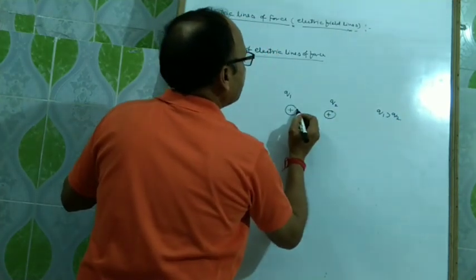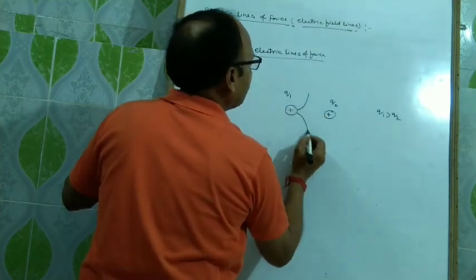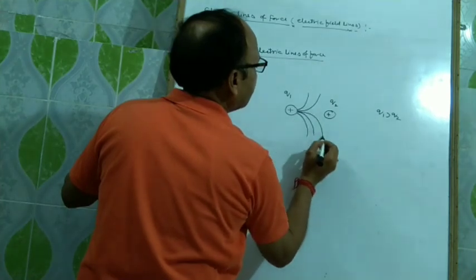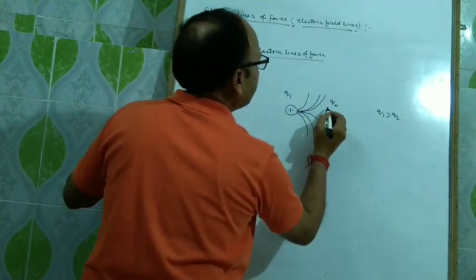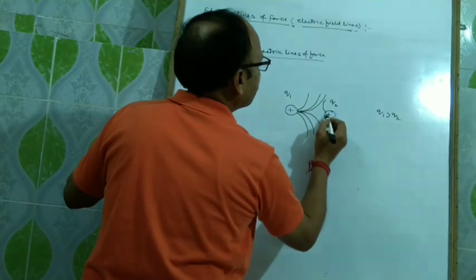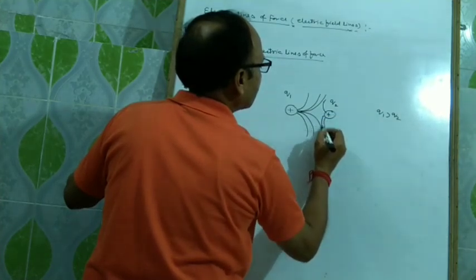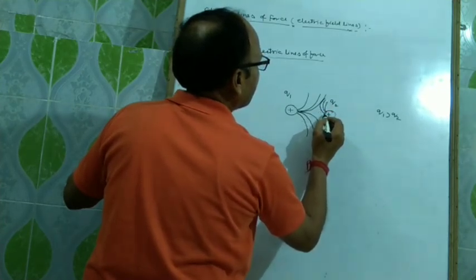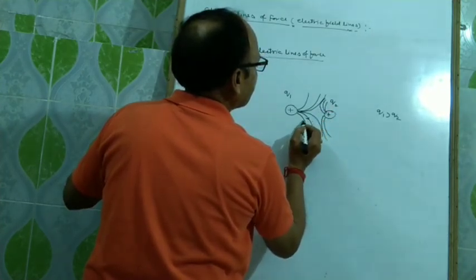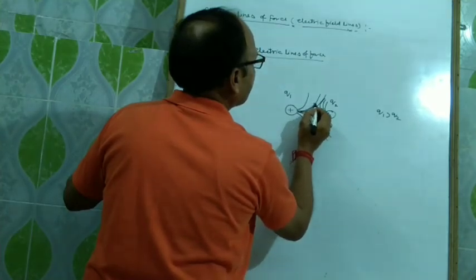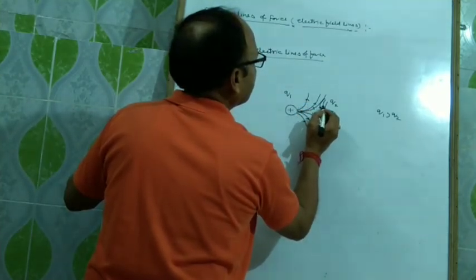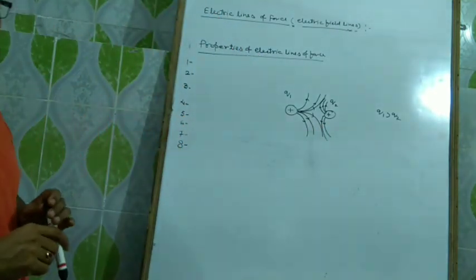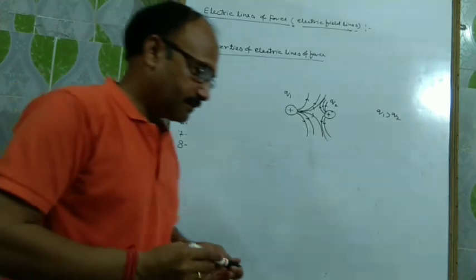At this time you will see the electric lines of force due to this charge will apply the lateral pressure, means cover more area than this Q2. Like this. So these electric lines of force apply the lateral pressure.